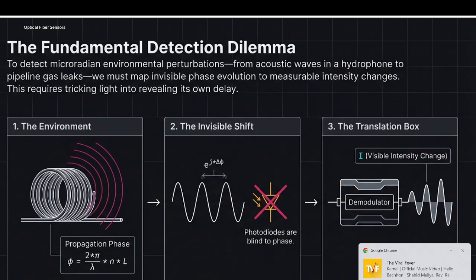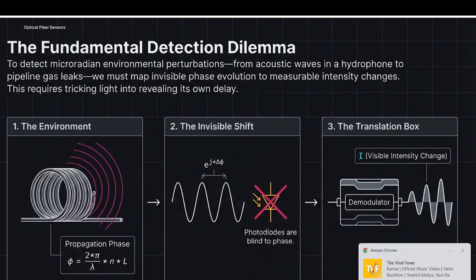So you can see how the phase propagation in the environment can be used to detect a pipeline gas leak or an acoustic wave in a hydrophone.